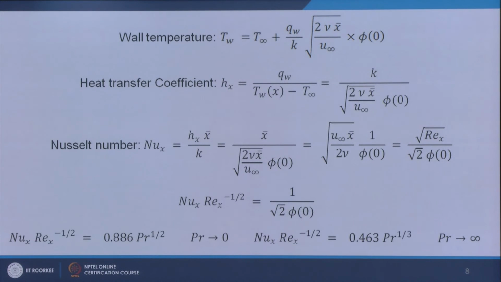Now here I will be introducing two different cases. One is for the low Prandtl number limit, another one is for the high Prandtl number limit. If you do the coupled solution for this phi equation and f equation for the low Prandtl number limit, you will find phi at the wall and put it in the equation of this Nusselt number.